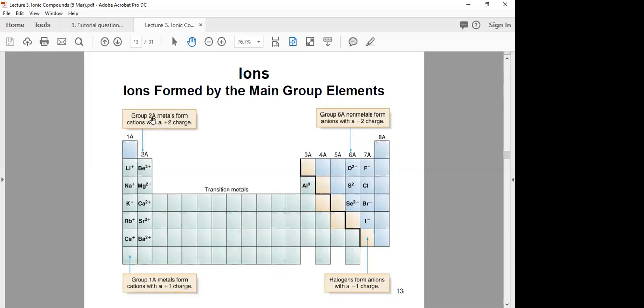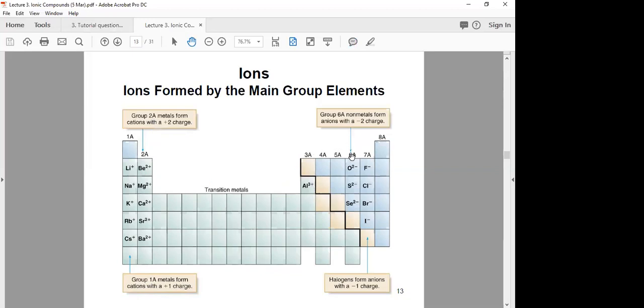Group 2A metals will mostly form cations with a +2 charge. Then we skip over here, 3A metals, so we start from aluminium, and the other ones are not shown because they don't readily form ions. They're more stable. Aluminium does readily form a cation, a 3+ cation.